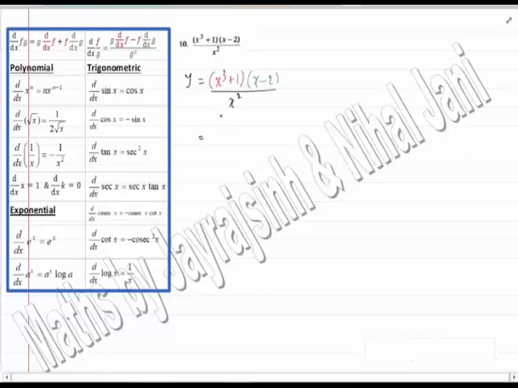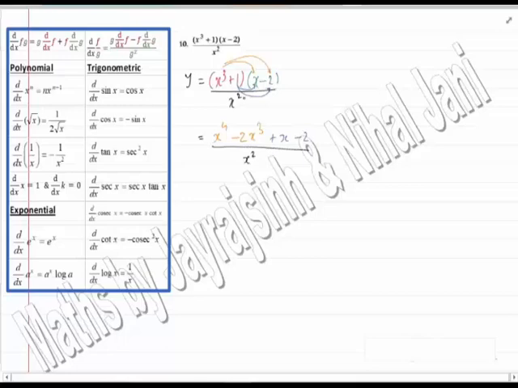So the multiplication of x cube will give us x raised to 4, x cube minus 2 is minus 2x cube, multiplication of 1 with x will give us x, and 1 with minus 2 will give us minus 2, right?